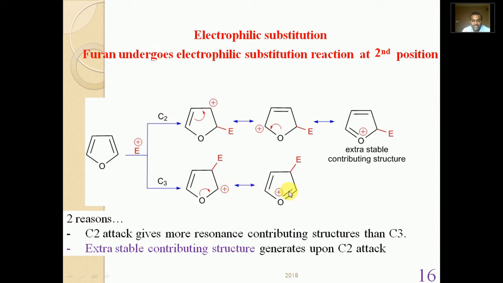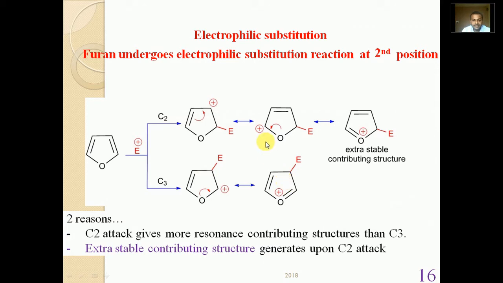As we know, the more resonating structures a compound has, the more stable it is. The carbocation formed by attack at carbon number 2 has 3 resonating structures, compared to the carbocation formed by attack at 3, which has only 2.